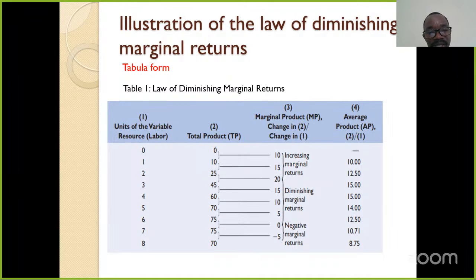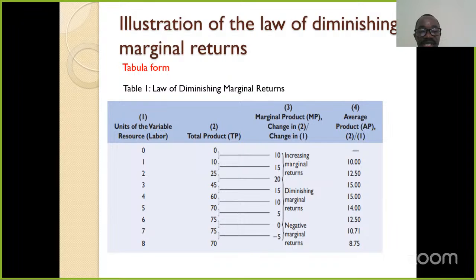You can see that from zero labor to the first addition of labor input, we have an increase of 10. So it's from 0 to 10 on the column of total product, and on the third column we see the increase is 10.